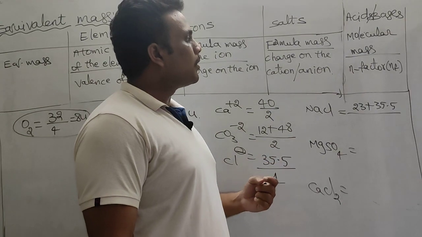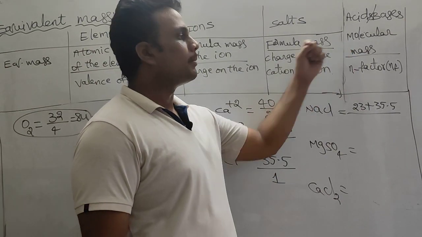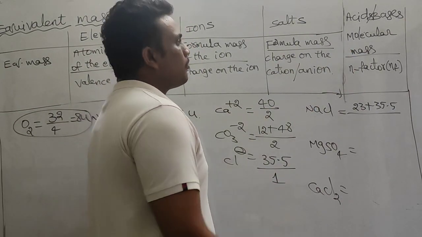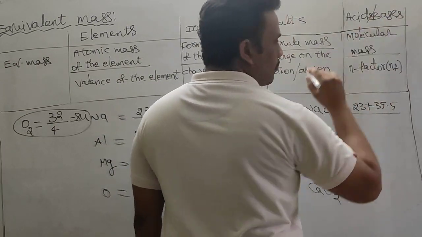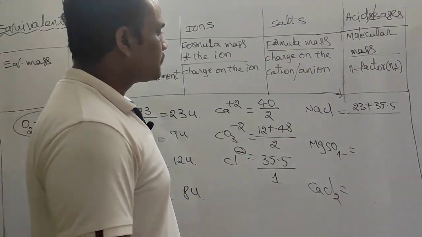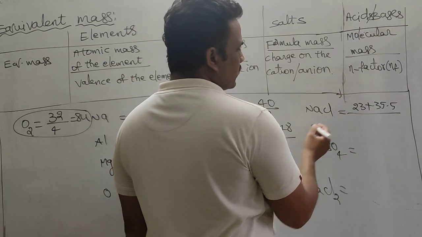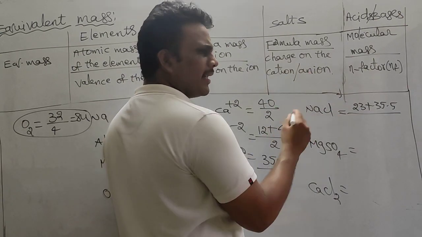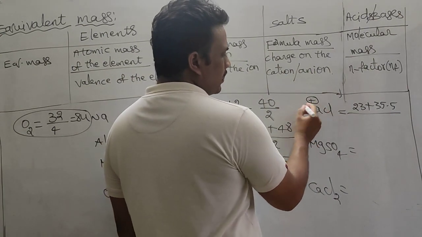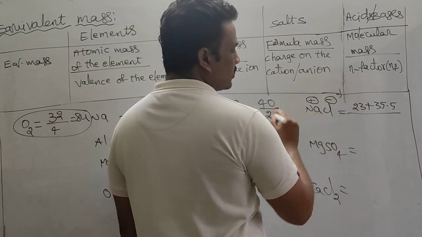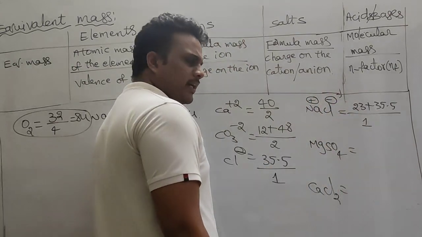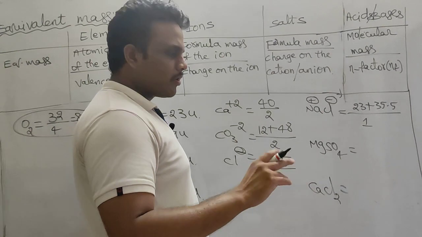But for ionic compounds we can't use the term molecular mass, because ionic compounds don't have a molecular formula. For NaCl, sodium has plus 1 charge and Cl has minus 1 charge. You take 1, either cation or anion.